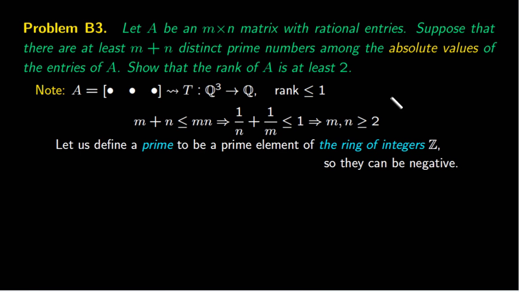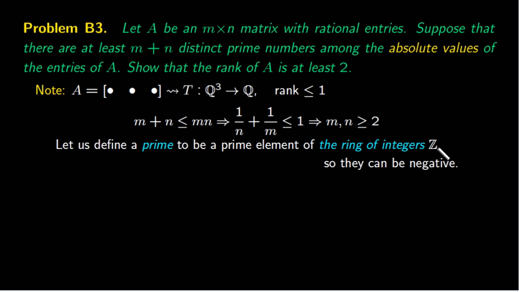Another thing is these absolute values of the entries. So usually when we say prime number, that's a positive integer, but in the theory of rings, prime element is not really distinguished. You can multiply by any unit, multiplicative unit of the ring.